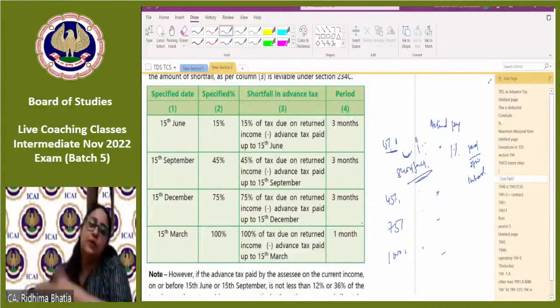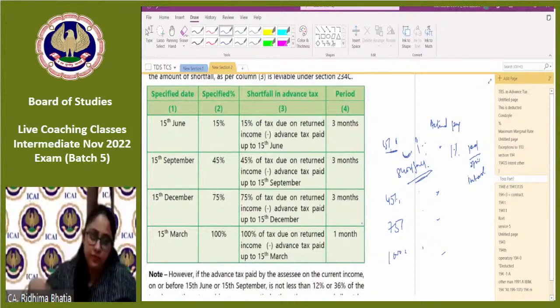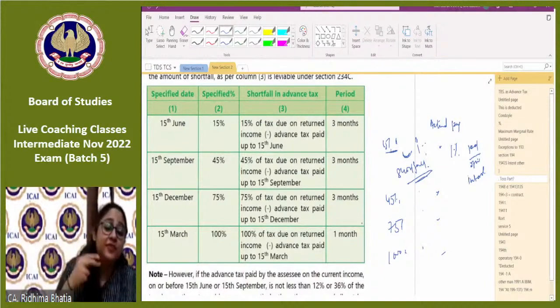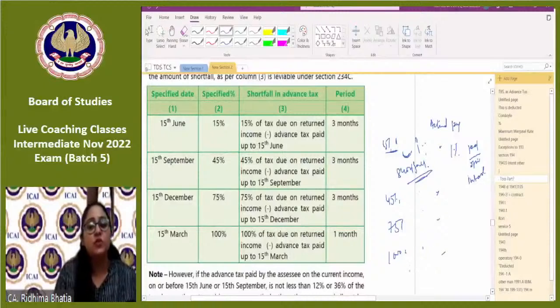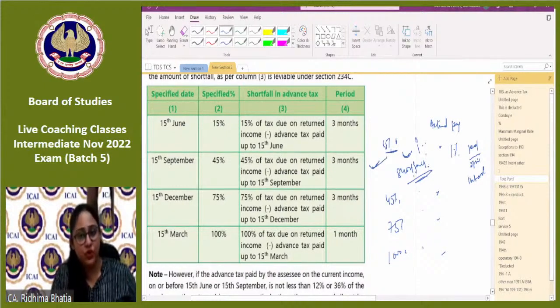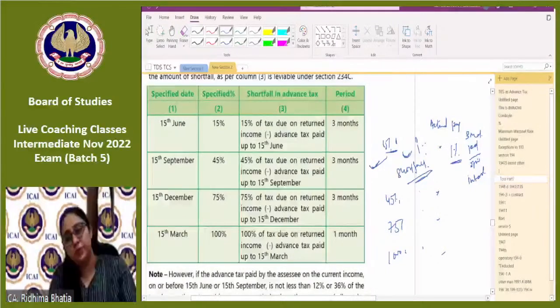Then from 15th December till 15th March I'll see the shortfall, and then from 15th March to 31st March only. So can I say that if you make a mistake or if there's a shortfall in the first installment, interest would be calculated at the rate of 1%, but for 3 months only, from 16th of June to 15th of September.